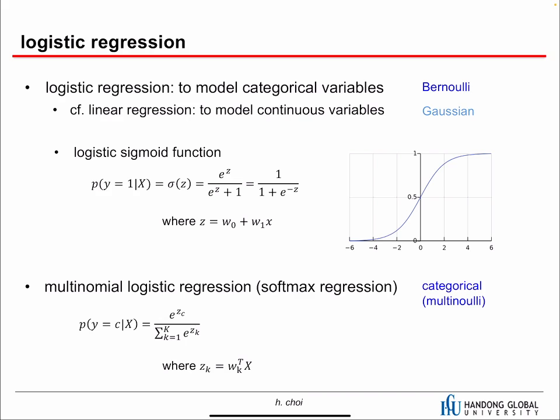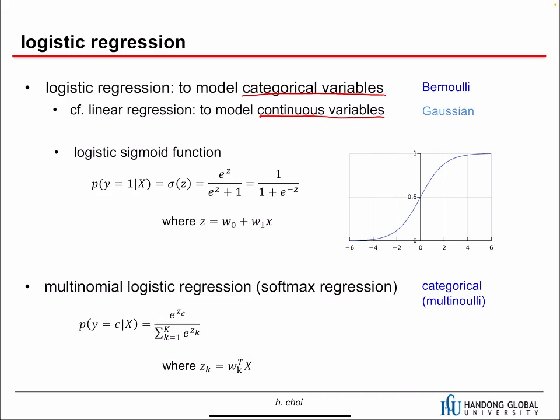Okay, so in logistic regression, we are interested in categorical variables, like classification, binary classification. So we're interested in classifying whether this belongs to the first class or second class. But in linear regression, the output was a continuous variable.